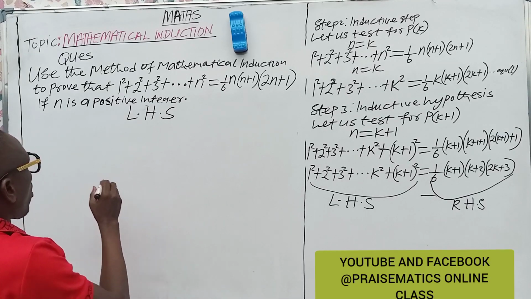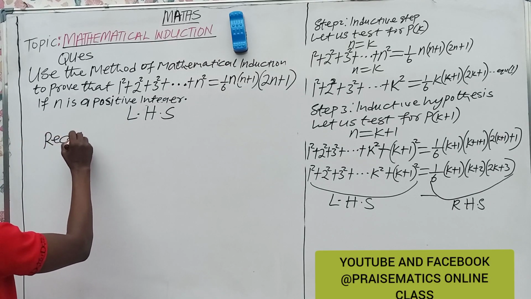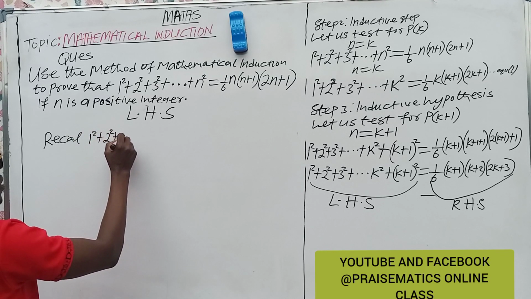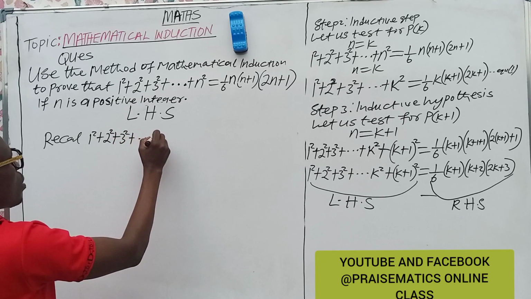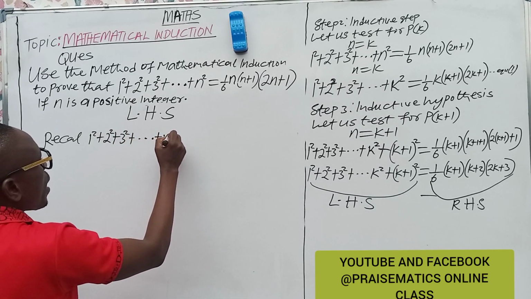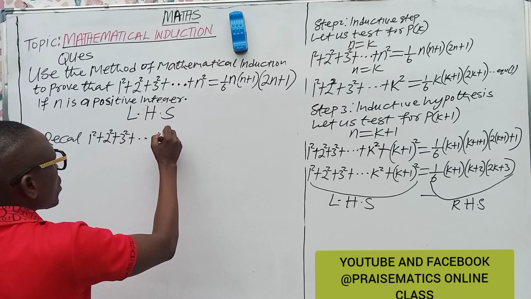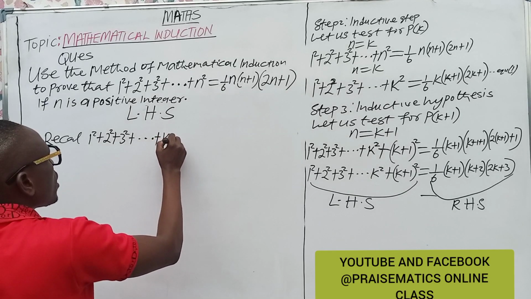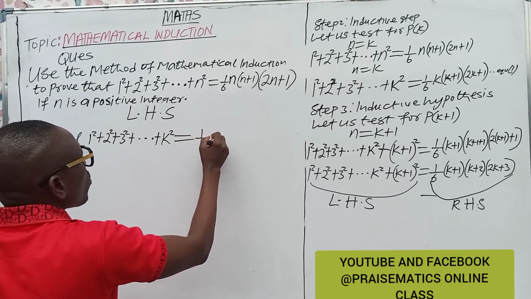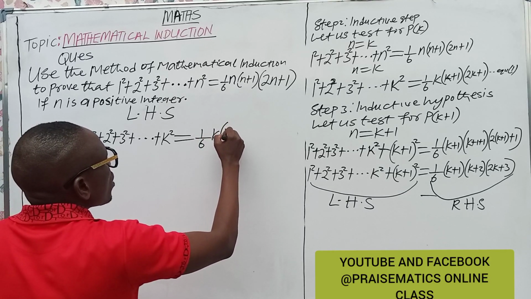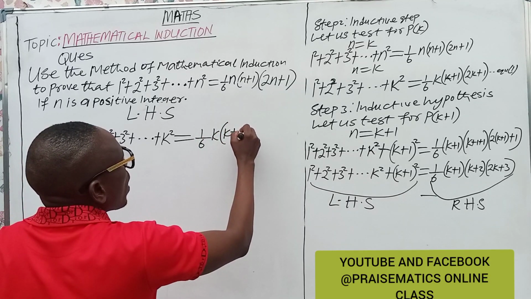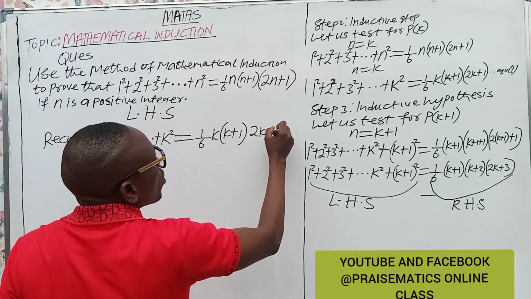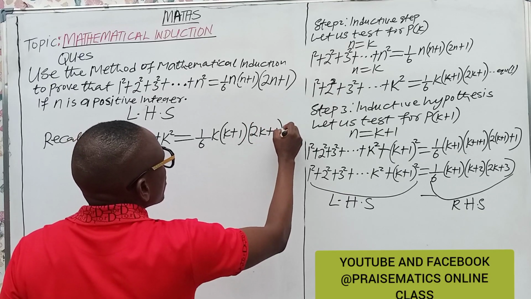So we are going to recall that 1 squared plus 2 squared plus 3 squared plus up to k squared is equal to 1 over 6k into (k plus 1) into (2k plus 1).